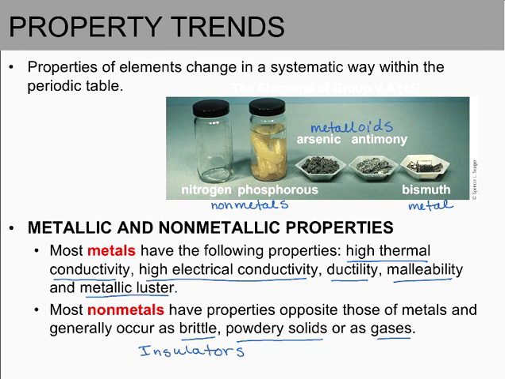So in group 5, we actually have a whole range of these different types of elements. However, they do all have similar chemical properties. And you'll notice nitrogen is a gas, and phosphorus is kind of dull. And arsenic and antimony have properties of both metals and nonmetals. And then bismuth is a metal, so it has high thermal conductivity, high electrical conductivity, and it can be shaped into wires or sheets.